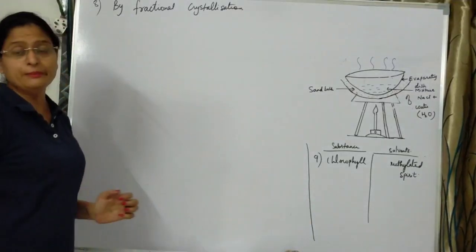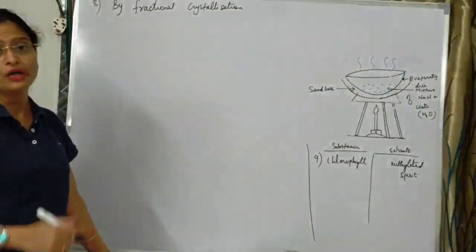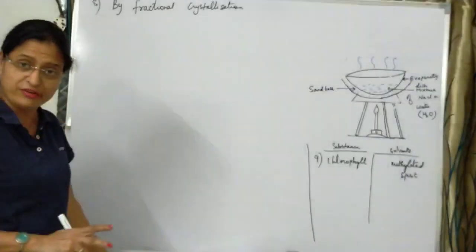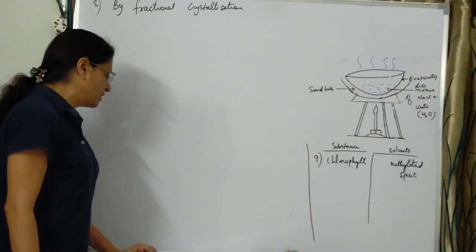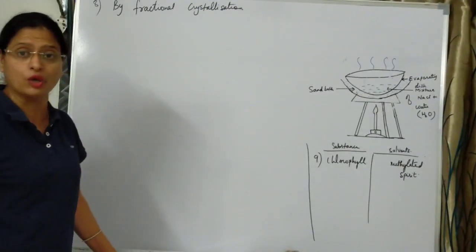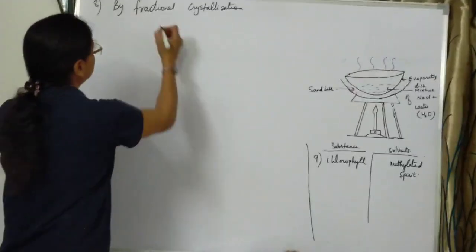Okay, this method is employed when the solubility of two different components is different in a particular solvent. So we can say when the solubility of two components of a mixture is different in the same solvent, then this method can be employed.